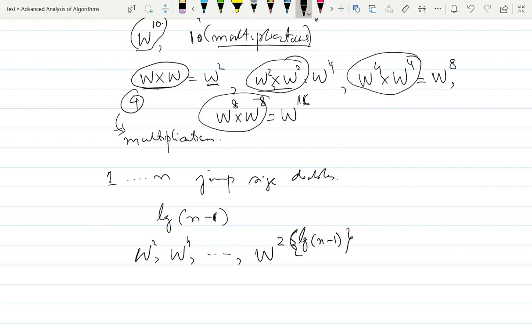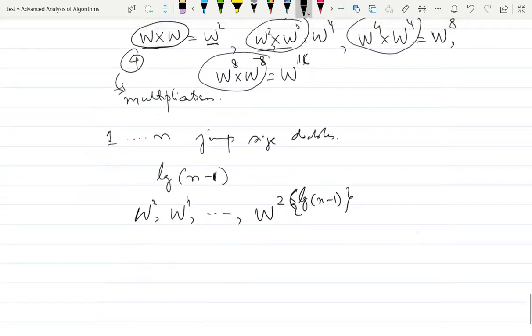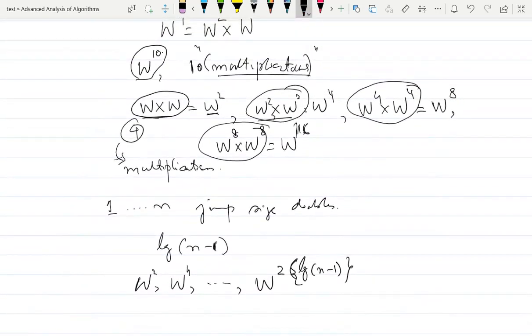If we are talking about log 10, you can very easily calculate how many times we have to calculate that. Over here you are saying that I want to calculate W10, but you are calculating W16. So is it okay? Because instead of calculating W10 you are calculating W16 to find the shortest path.